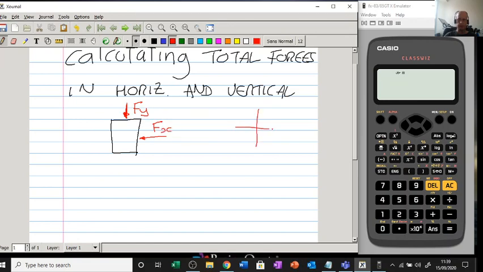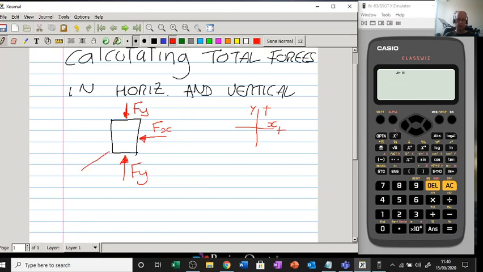Don't forget positive, positive, x-axis, y-axis. So we could also have one coming up here as well. So we need to find out the total forces in the directions. These are straight up and straight across, nice and easy.